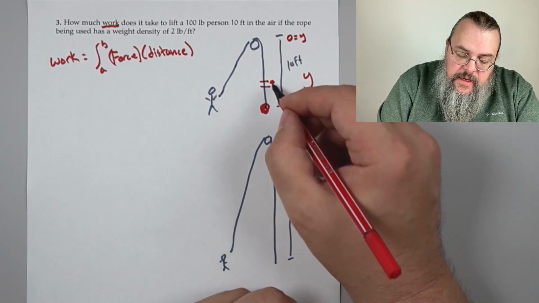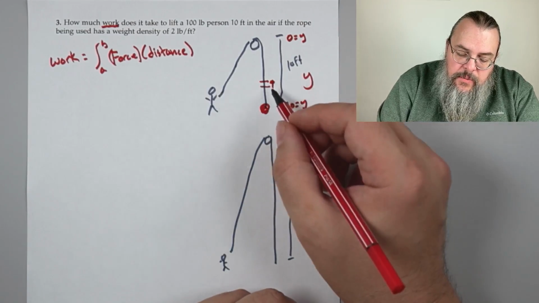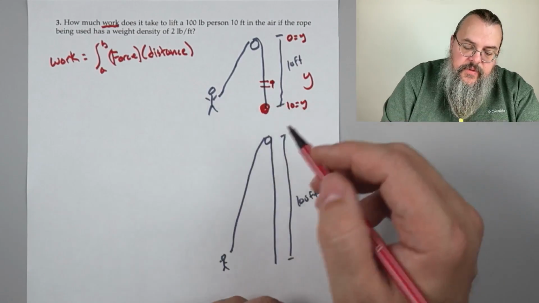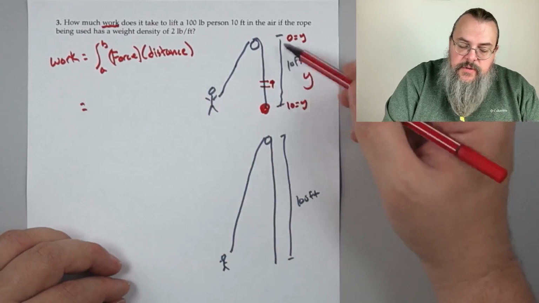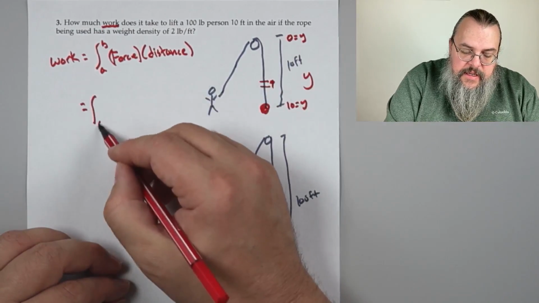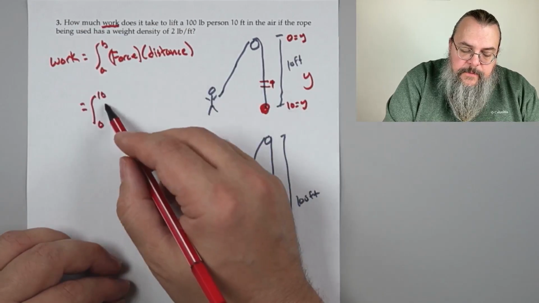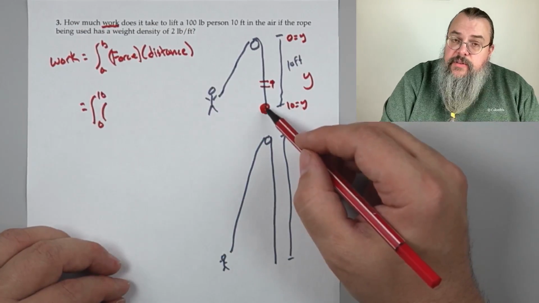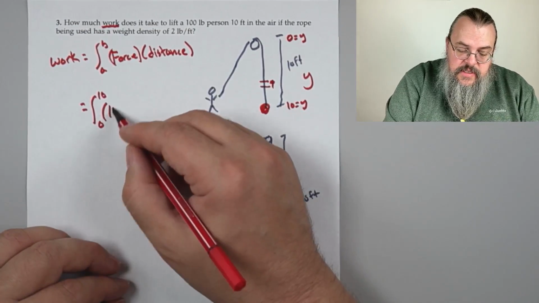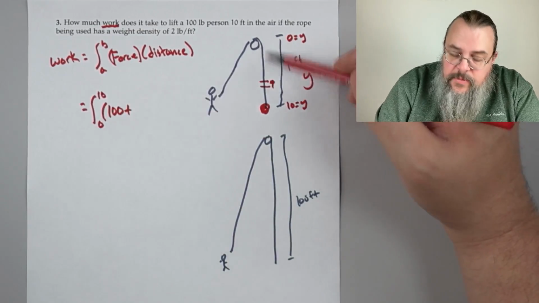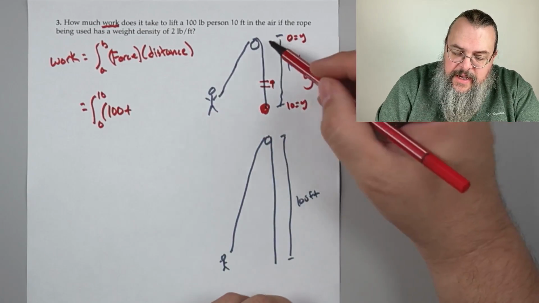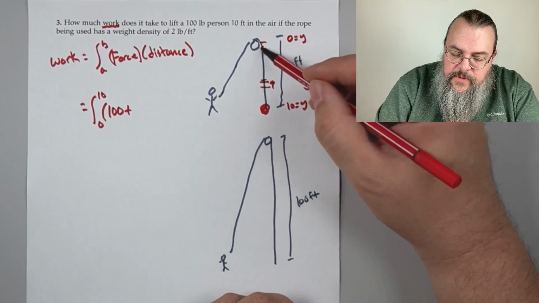All right, so now what's happening? Well, I need to say, what's my work? I'm going to move it between 0 and 10. Okay, adding that up. My force, well, I always have the 100 pounds. So there's 100 plus, and now, this is where the picture comes into play, I have to account for the weight of the rope.